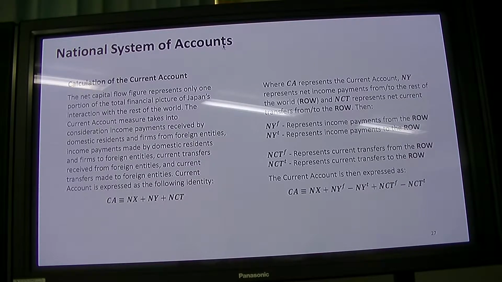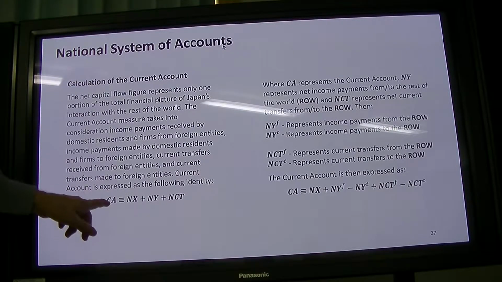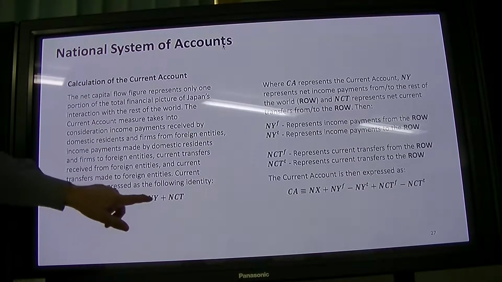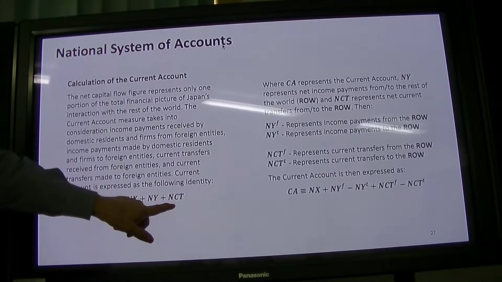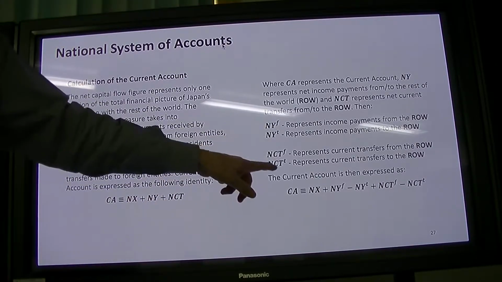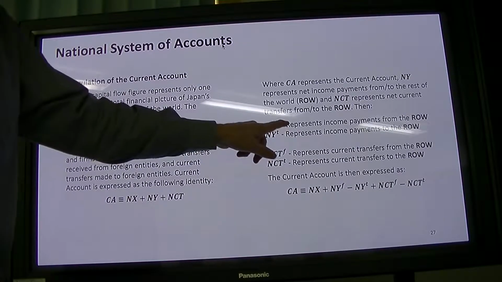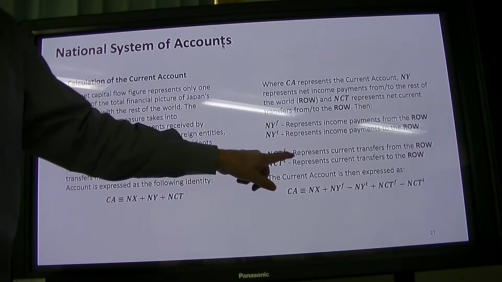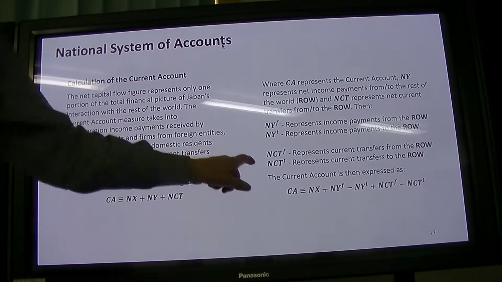That's what we're talking about here, and it's expressed as this identity. The current account is net exports plus income payments from the rest of the world and income payments to the rest of the world. And those break up into current income payments from the rest of the world, current transfers from the rest of the world, and current transfers to the rest of the world.